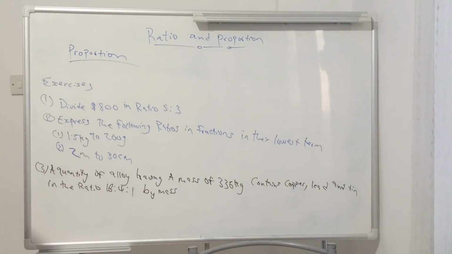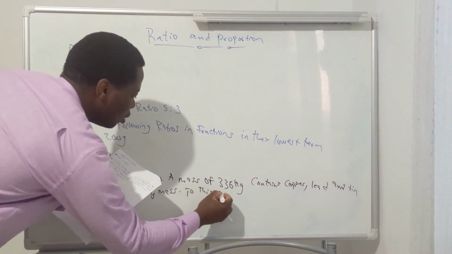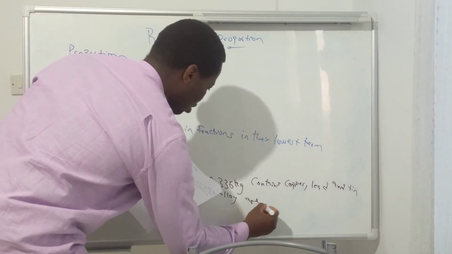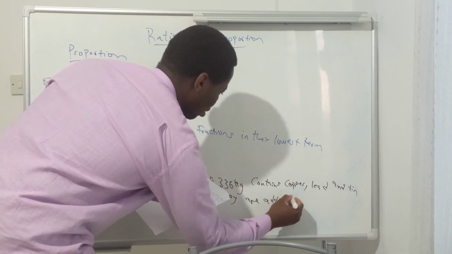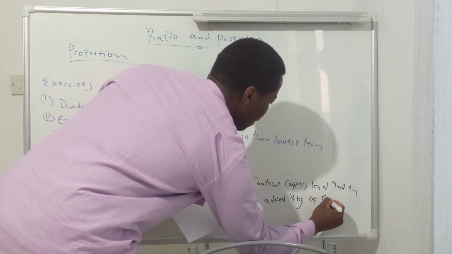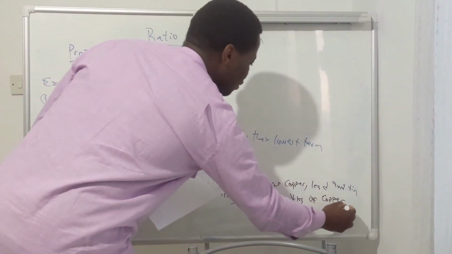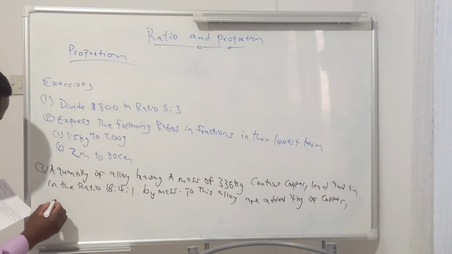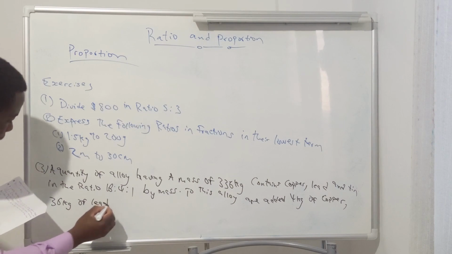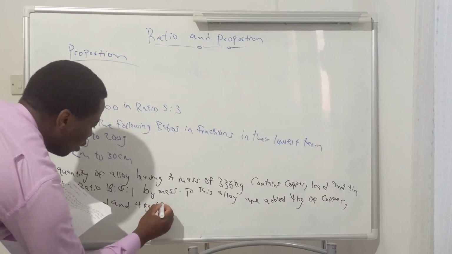To this alloy are added 4 kg of copper, 36 kg of lead and 4 kg of tin.